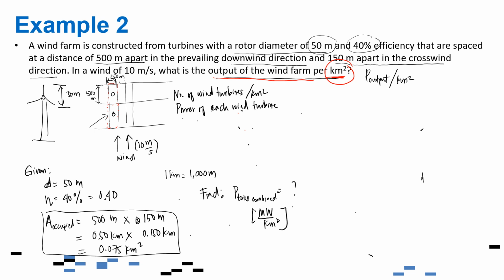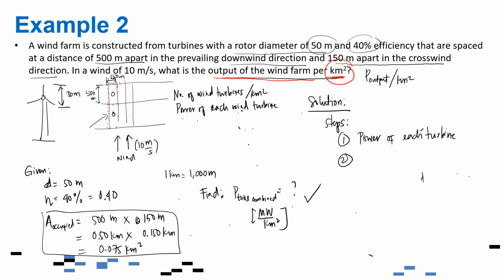Okay, so solution. What are the steps that we need to do first in order to get this total combined power? Step 1 is to calculate the power of each turbine.